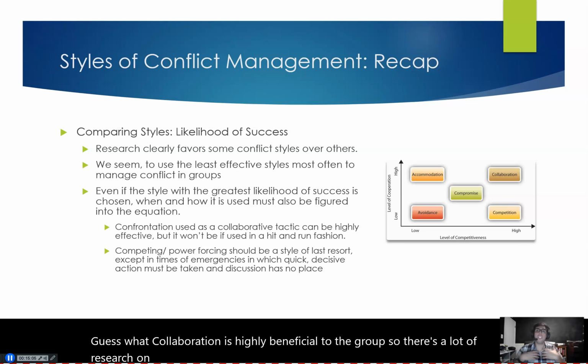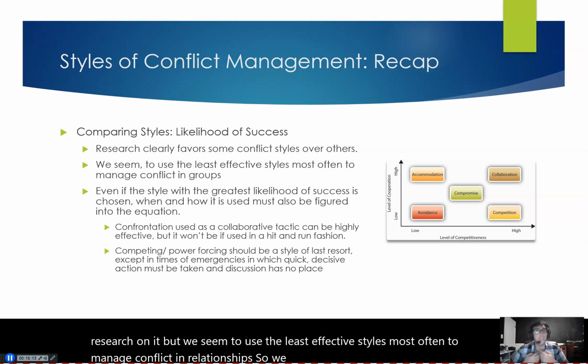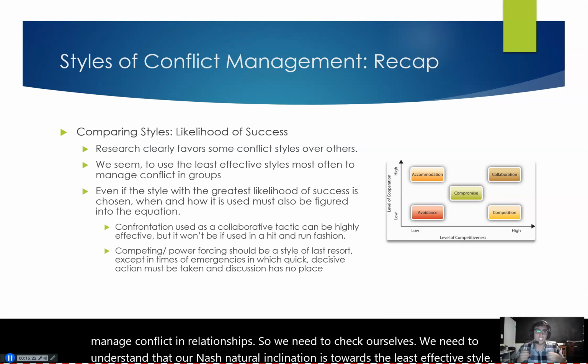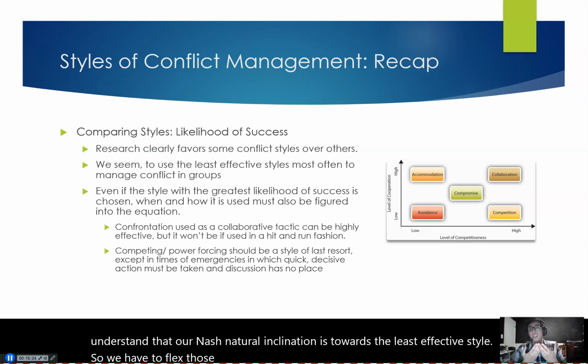But we seem to use the least effective styles most often to manage conflict in relationships. So we need to check ourselves. We need to understand that our natural inclination is towards the least effective style. So we have to flex those other muscles, or other styles, even though we don't want to.